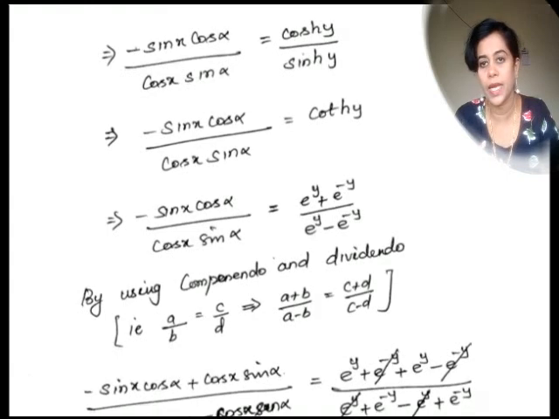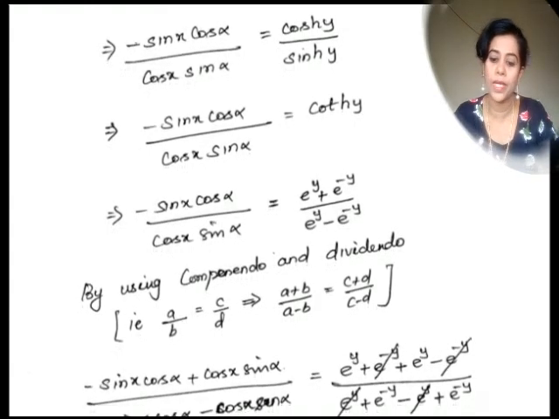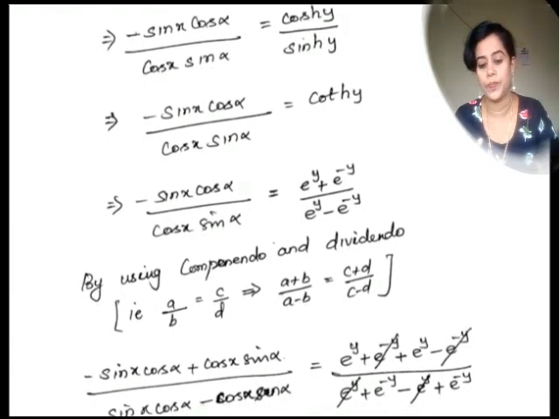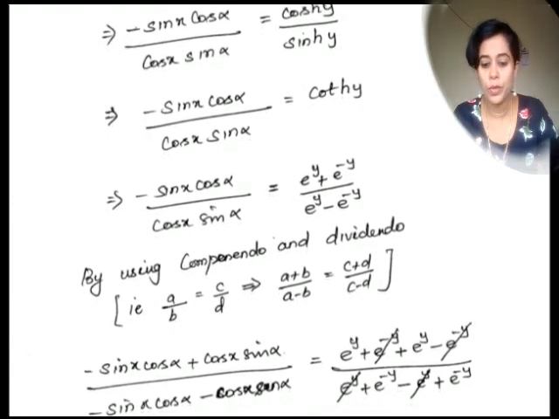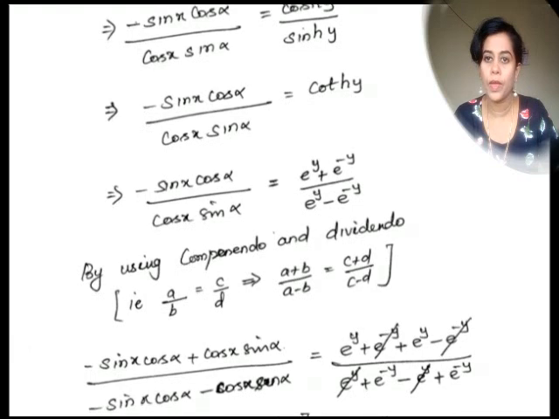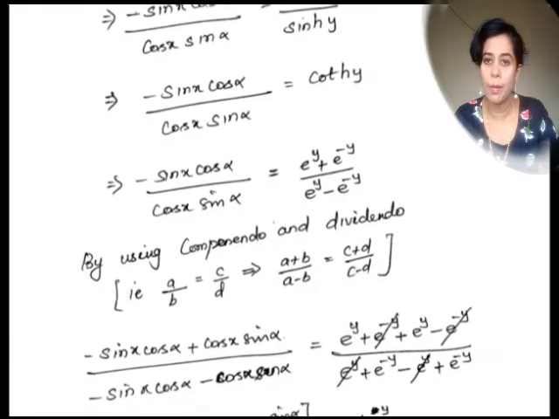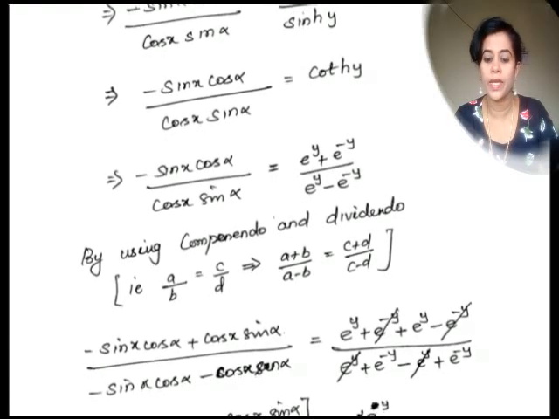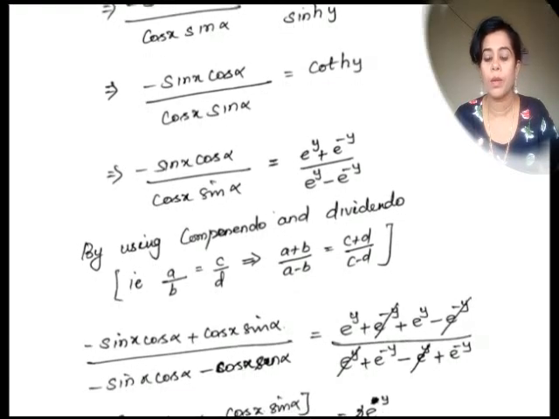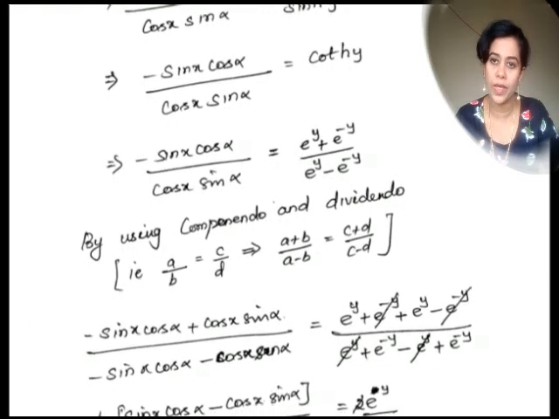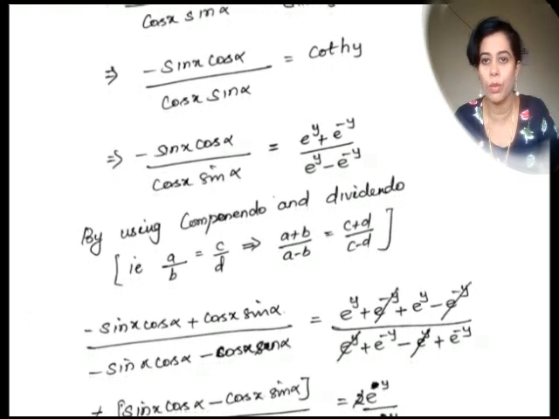So the 2 gets cancelled, it is e power y plus e power minus y divided by e power y minus e power minus y. And by using componendo and dividendo, I know you know the rule. If a by b equals c by d, it can be written as a plus b by a minus b equal to c plus d divided by c minus d. This is the componendo dividendo rule.